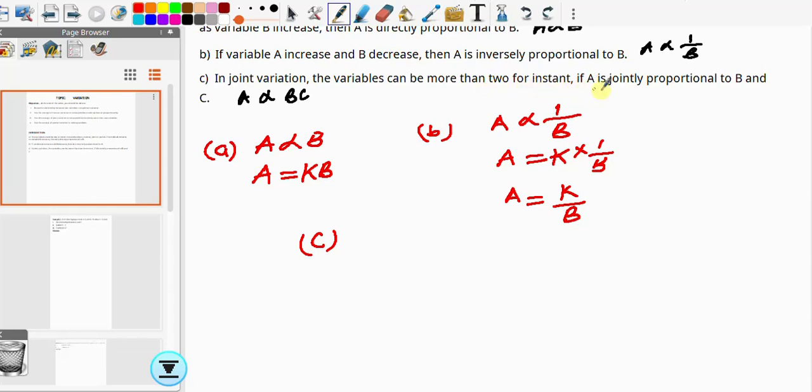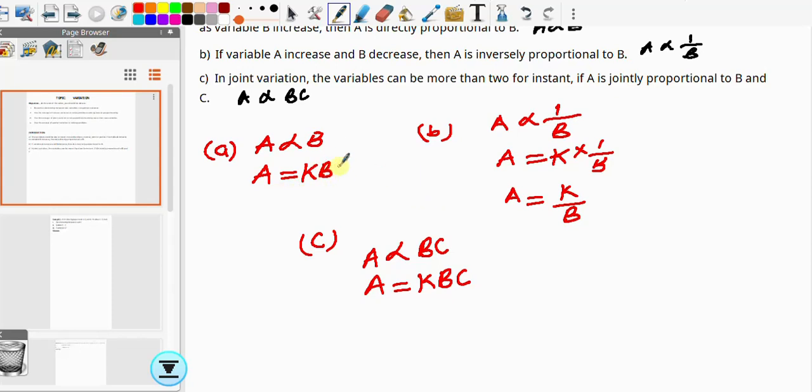For instance, if A is jointly proportional to B and C, then A is proportional to B and C. Then A will be equal to KBC, where K is a constant, right? So these three equations that I derived from here, we can start using them to solve variation questions.